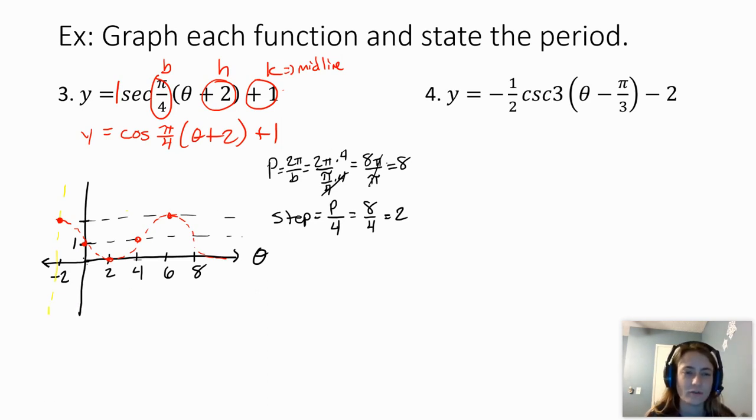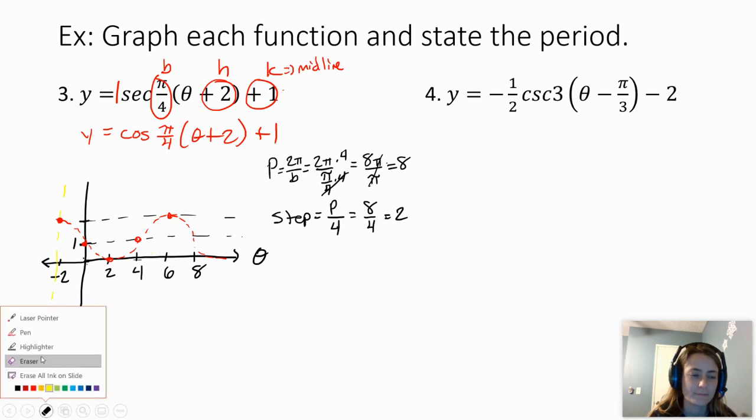Now we sketch the vertical asymptotes. We know that the vertical asymptotes are where cosine crosses the midline. So crosses the midline here, here, and here. Oh, should have used a different color.